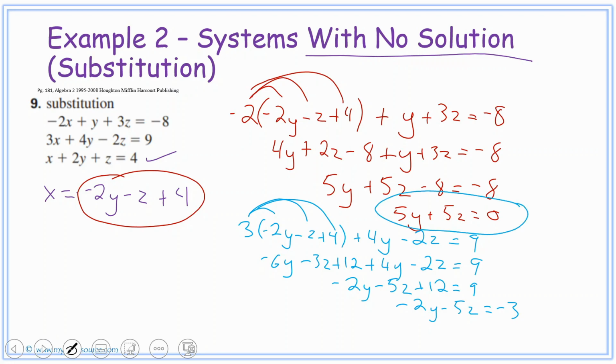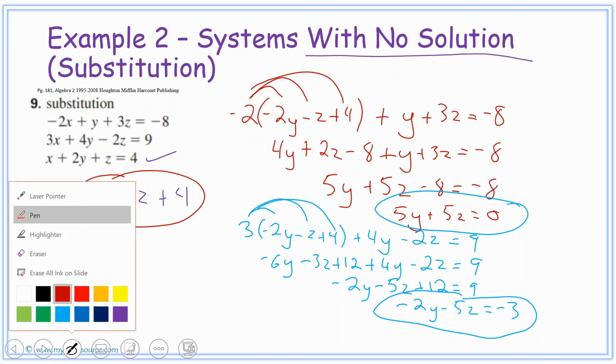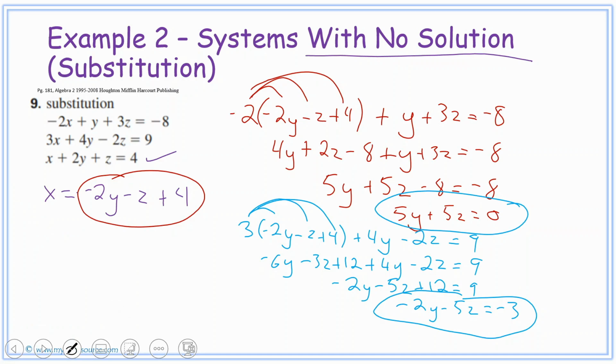So now we have two new equations there, and we could go ahead and eliminate those and see what happens. So if we use those two new ones, we have 5y plus 5z equals 0, and then negative 2y minus 5z equals negative 3.